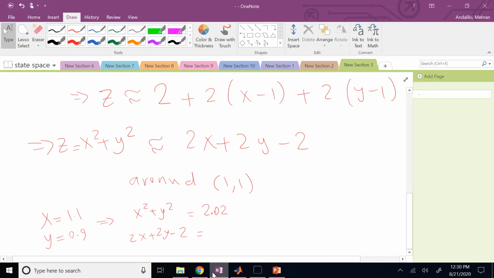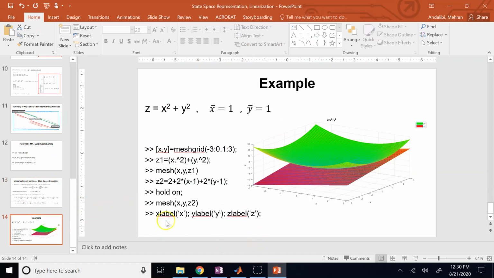So they are not exactly equal, this approximation, but the approximation is relatively good, okay? It's just a 1% difference. And you can see that here too, that only around that point the plane is tangent to the surface and close to it.